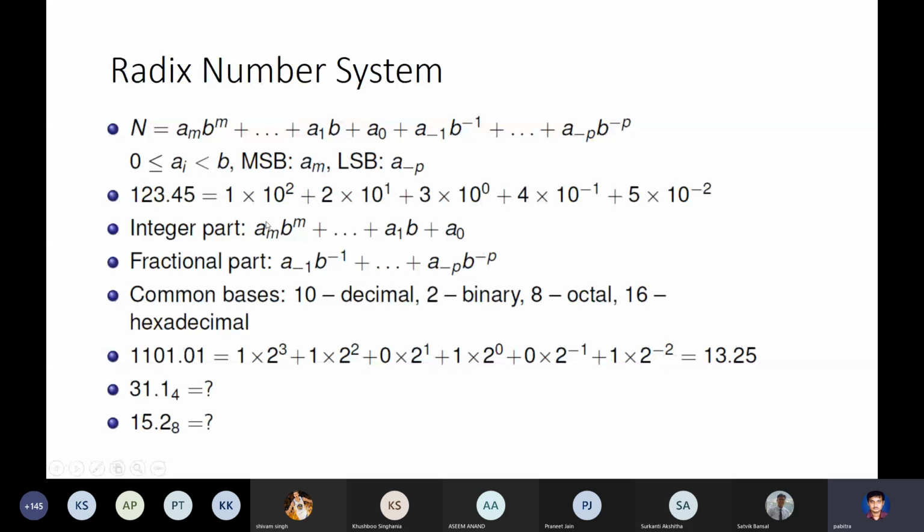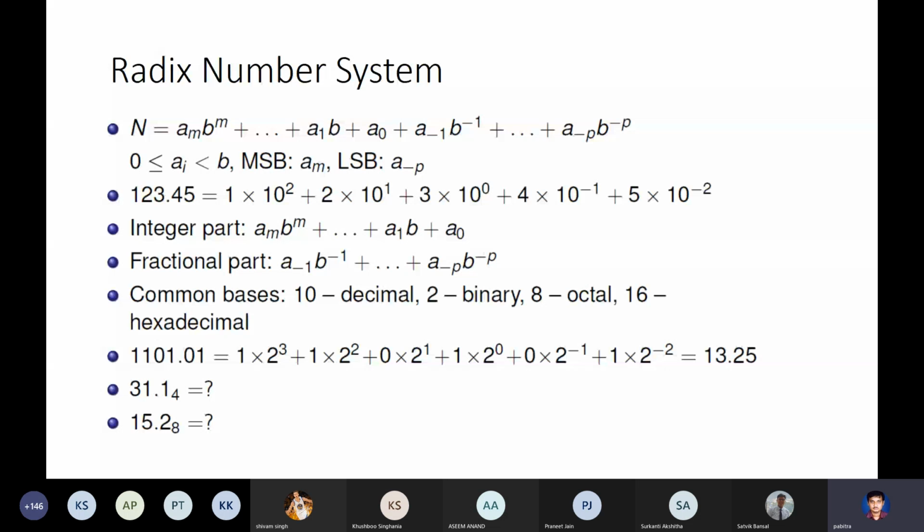The fractional part is to the right of the decimal point. It has a weight from b to the power minus 1 to b to the power minus p. So this I think more or less all of you know. Keep in mind the MSB and the LSB part, and by our convention we'll go from left to right. Left is MSB, right is LSB.